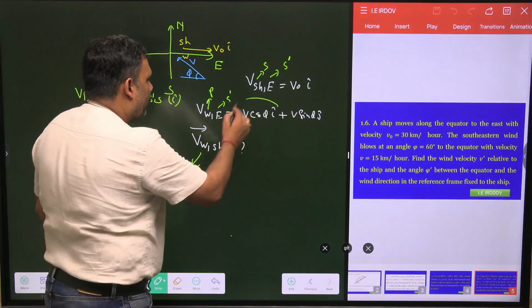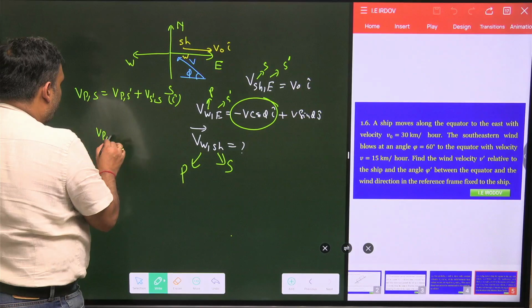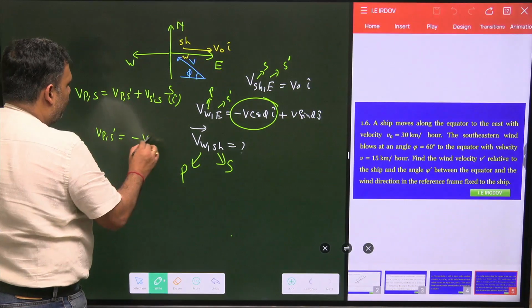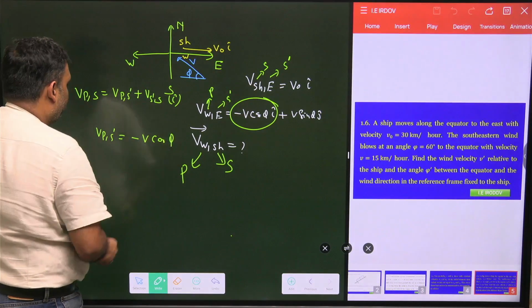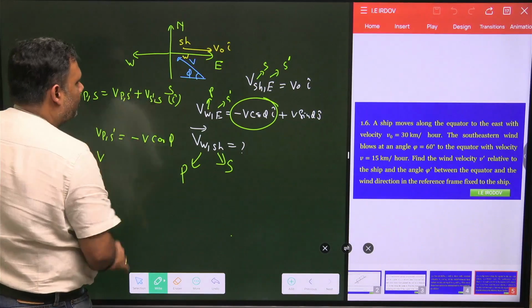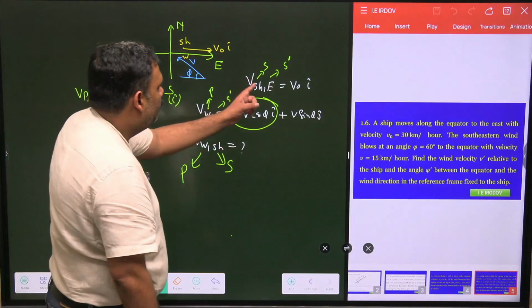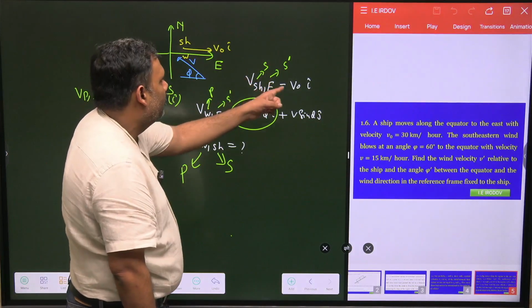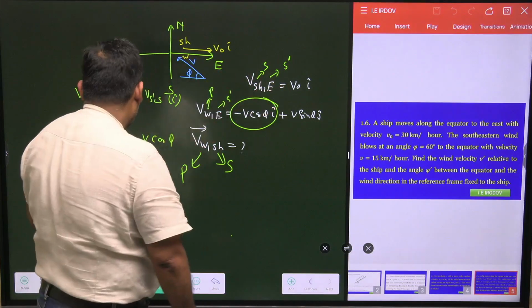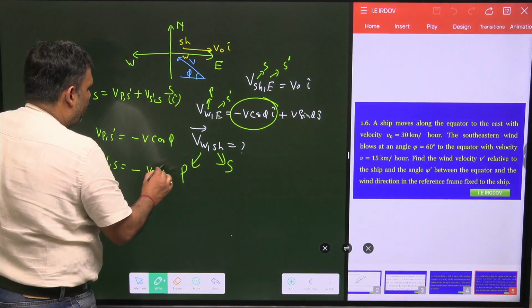So this is my I cap direction. The velocity of a particle with respect to S dash in the I cap direction is minus V cos phi. And we have to find the velocity of S dash with respect to S. It is given that the velocity of S with respect to S dash is V naught, so the velocity of S dash with respect to S is minus V naught in the I cap direction.